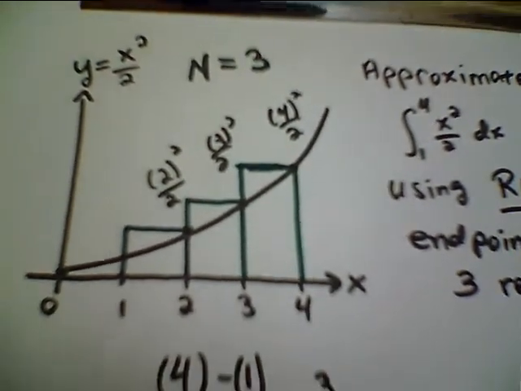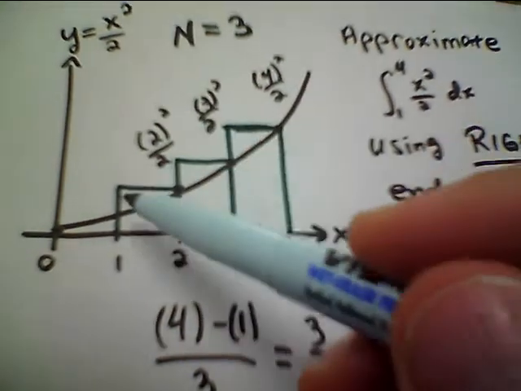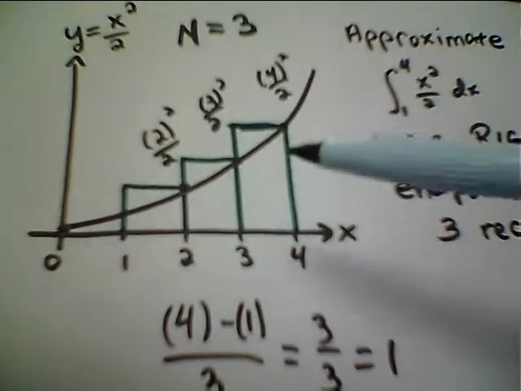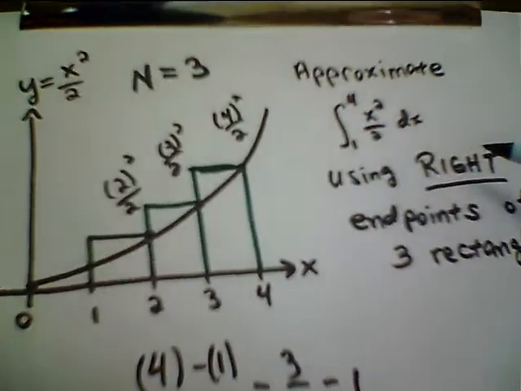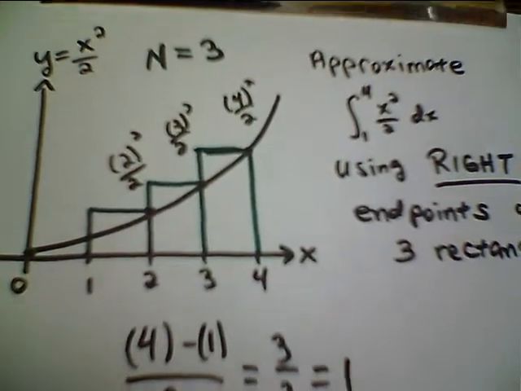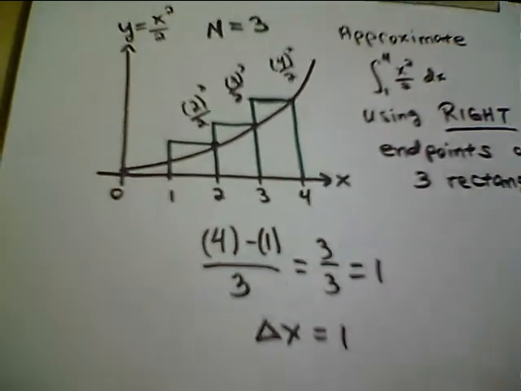So the area of each rectangle is given by base times height, and once I sum up the area of all the rectangles, I would have approximated the area underneath this curve, which is the approximation of this integral. So let's just complete that computation.